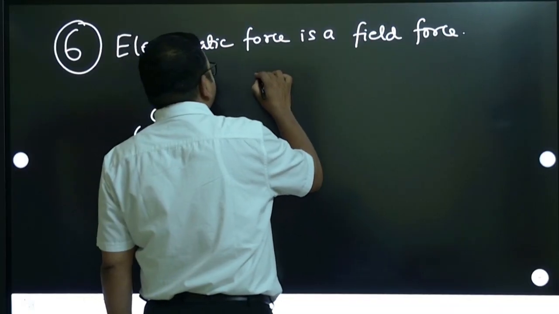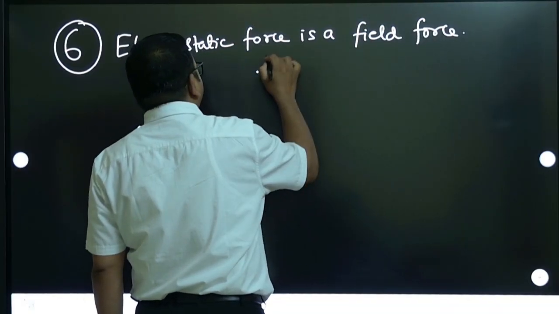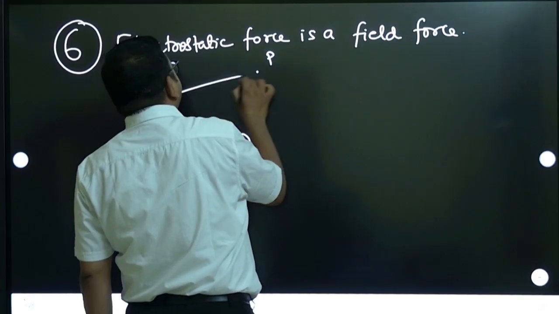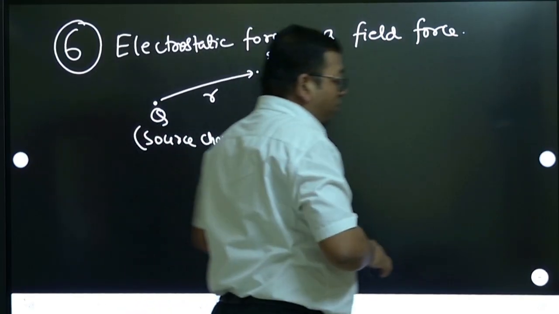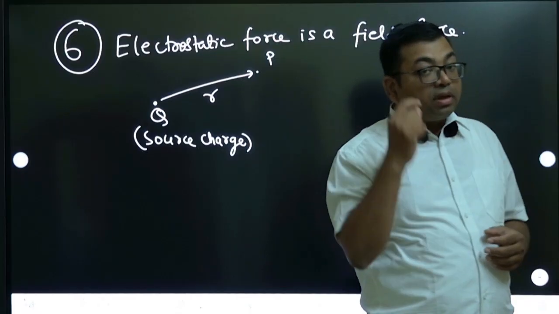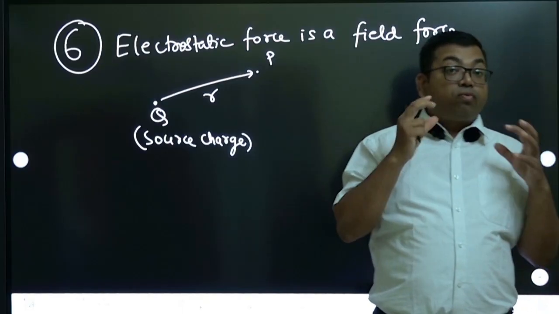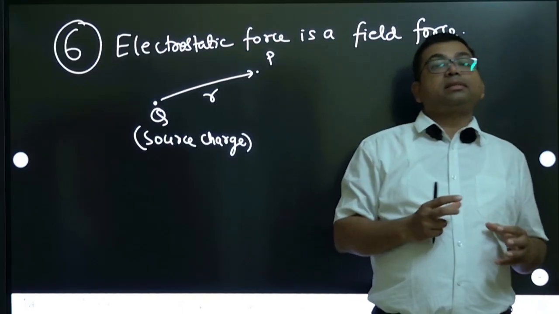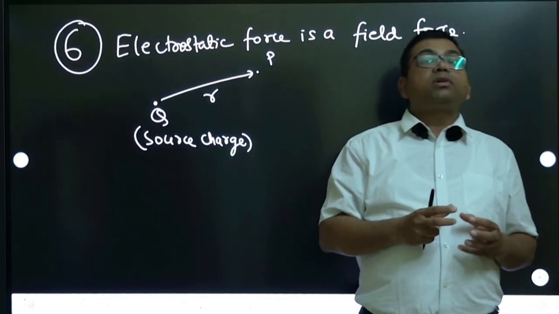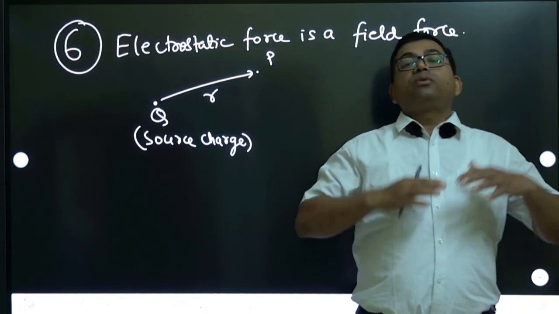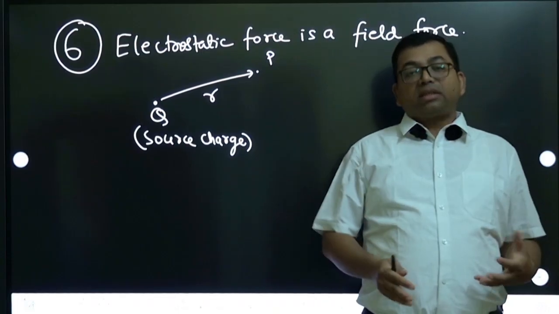And from this source charge, take a point P at a distance of r. Now, what is the concept of field? Here itself we will develop a basic idea about field, field intensity and the formula for electric field, because we don't have to study that separately.